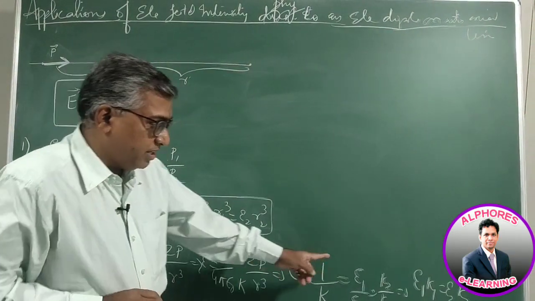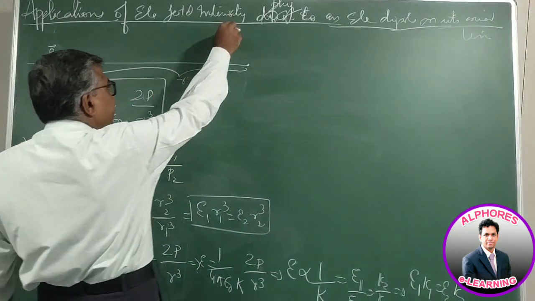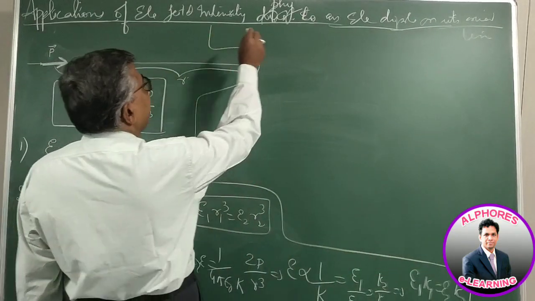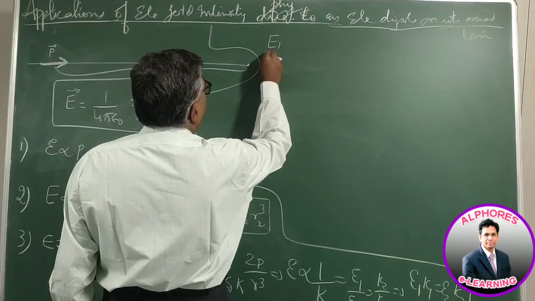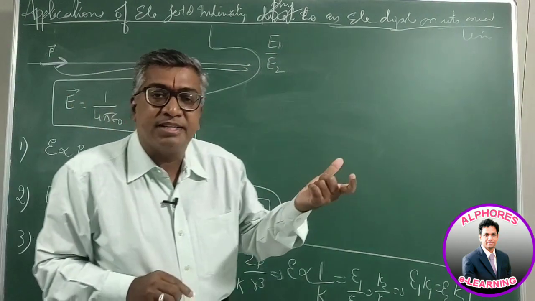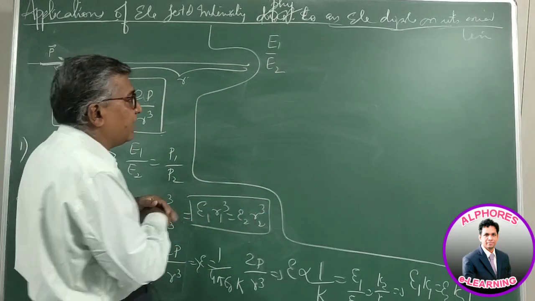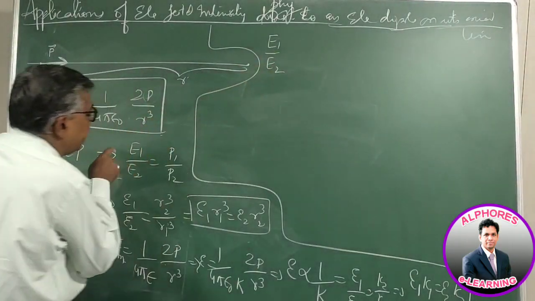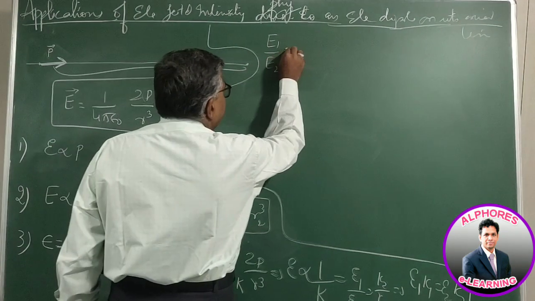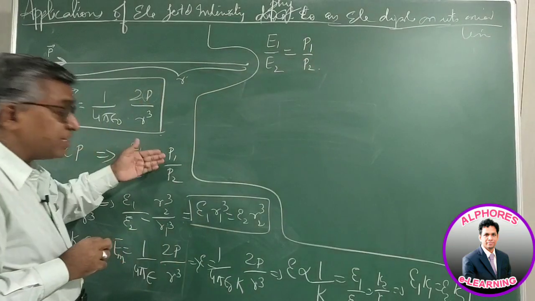Now putting all three things in one single relation, comparing the electric field for two different dipoles at two different distances and in two different media: according to the first relation, E1 by E2 is P1 by P2, with respect to dipole moment.